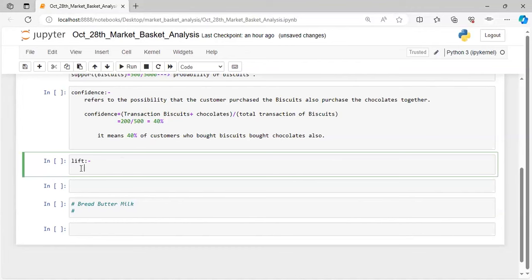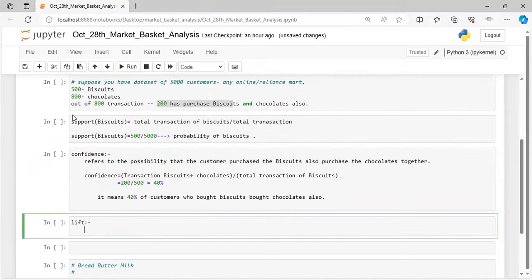So lift is considered the combination of support and confidence. It refers to the increase in the ratio of the sale of chocolate when you sell the biscuits also.